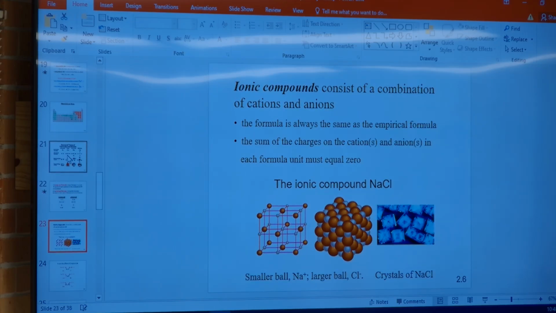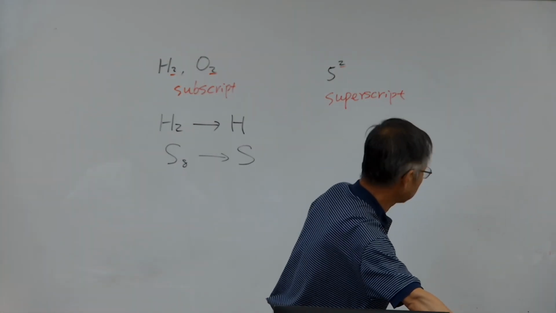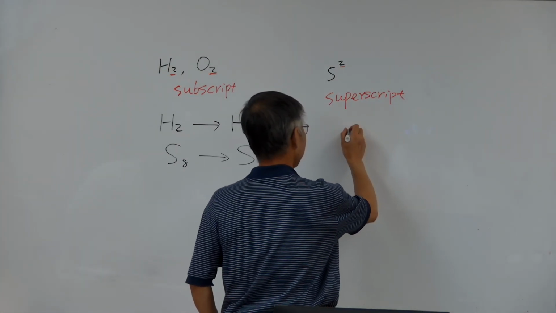Here, the example is sodium chloride, which is table salt. Table salt is a very good example to tell you about the formula. We know the formula of table salt is NaCl, right?